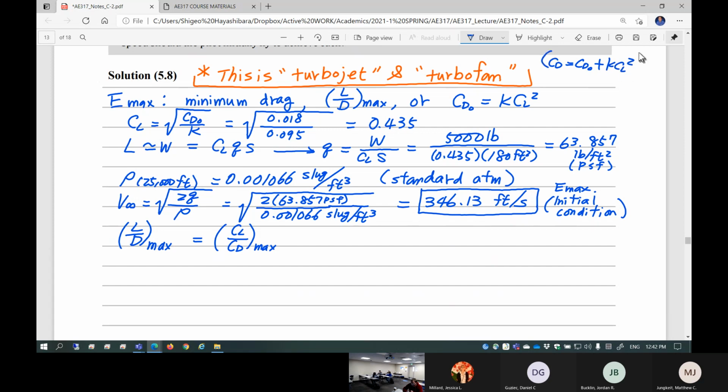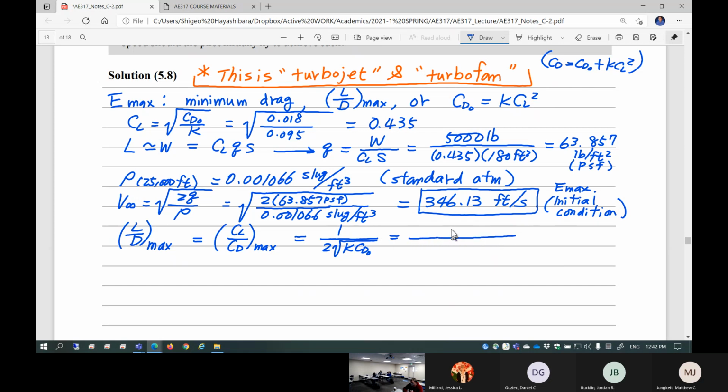This is, of course, the drag. And then the condition of CDO is KCL squared. Plug that in here, CL over CD maximum value is going to give you the equation 1 over 2 times square root of K times CDO. Do you remember this equation?